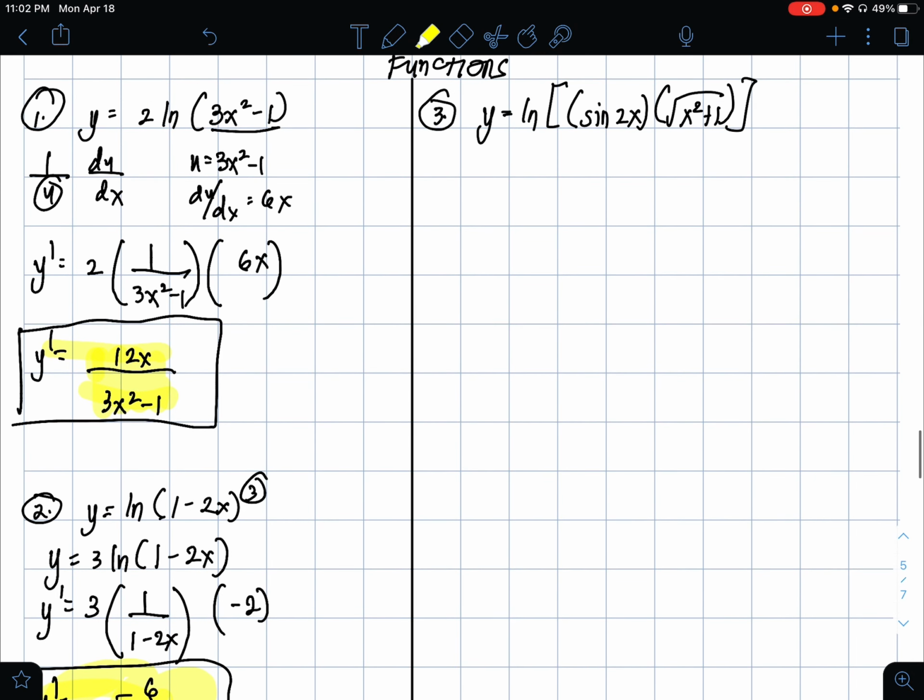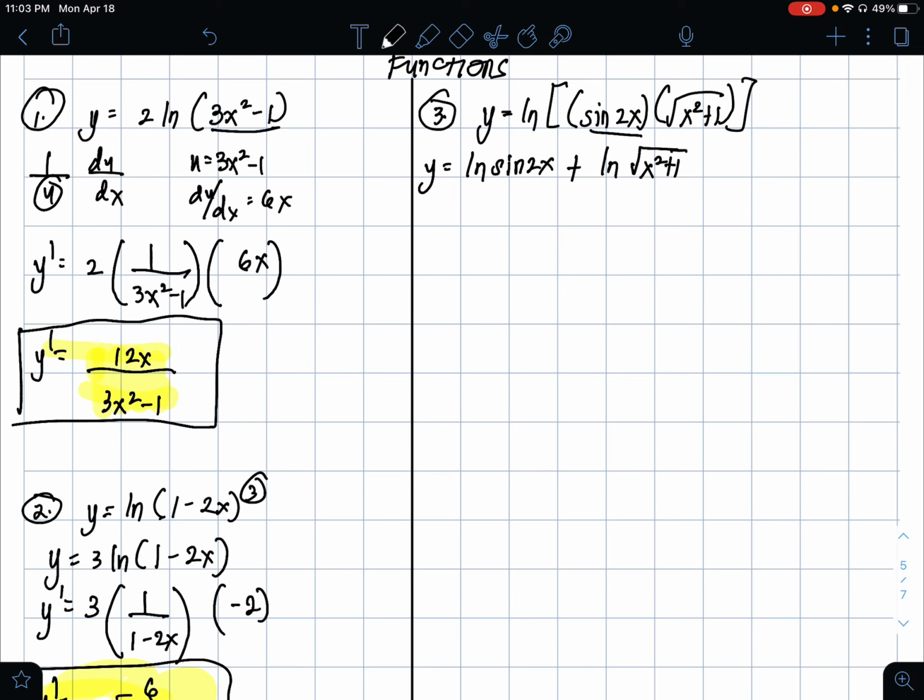Now let's go with number 3. Number 3, we'll be using the product rule, and again, it also uses the laws of logarithms, in which when it is a product, according to the law or the rule, that's simply ln of sine 2x plus ln of x squared plus 1. We can just separate that. Okay?